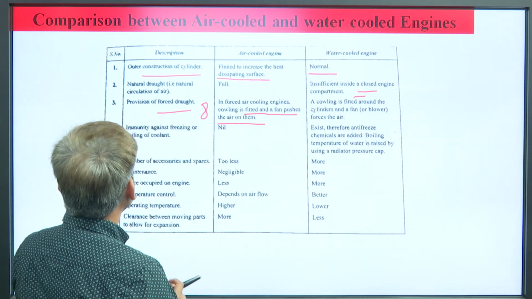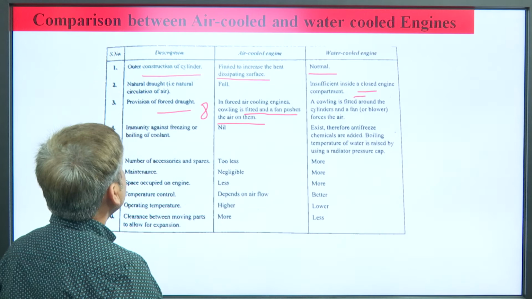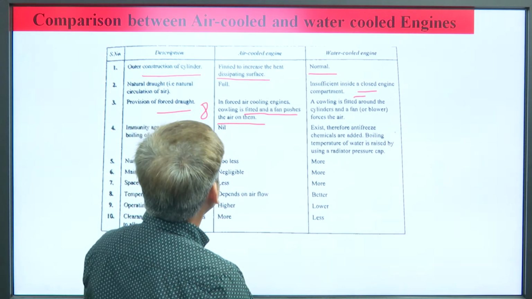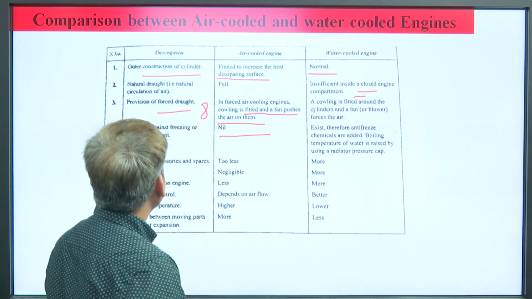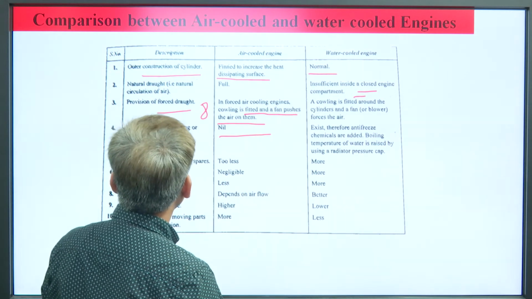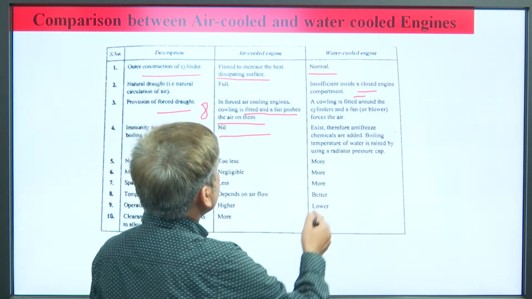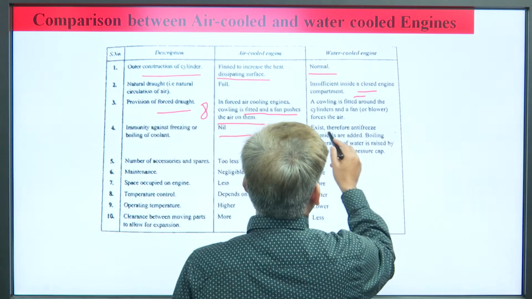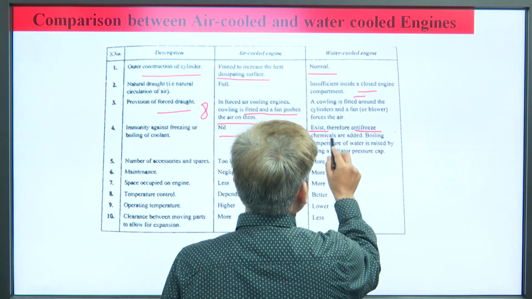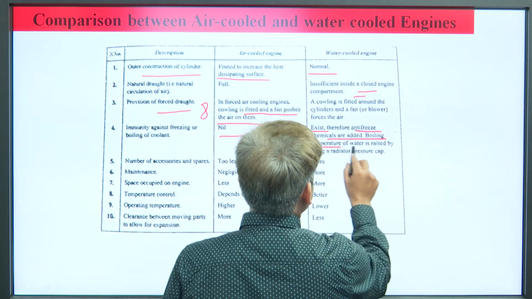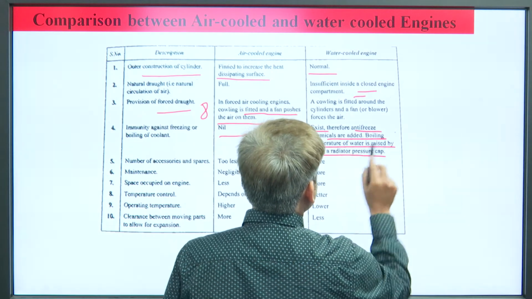Immunity against freezing or boiling of coolant: because we are not using any coolant in air cooling, there is no chance of freezing of the coolant. In water cooling, anti-freeze chemicals are added. The boiling temperature of water is raised by using a radiator pressure cap.